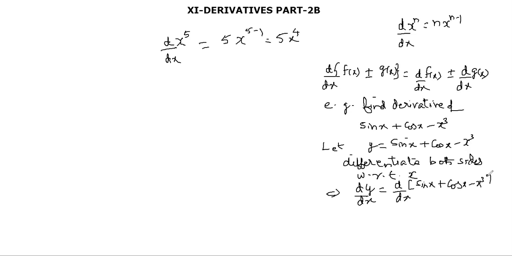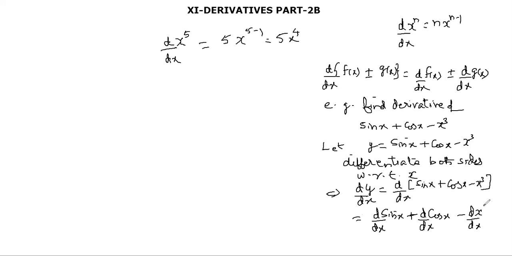Now this d by dx will go inside because of plus and minus. Remember, it will not go inside product and division. There is a formula we have to use for those, but here you can write d by dx of sin x plus d by dx of cos x minus d by dx of x cube.